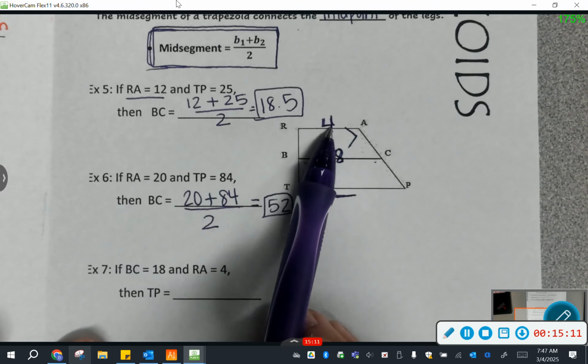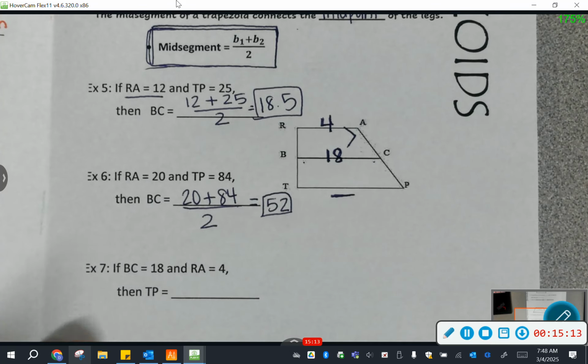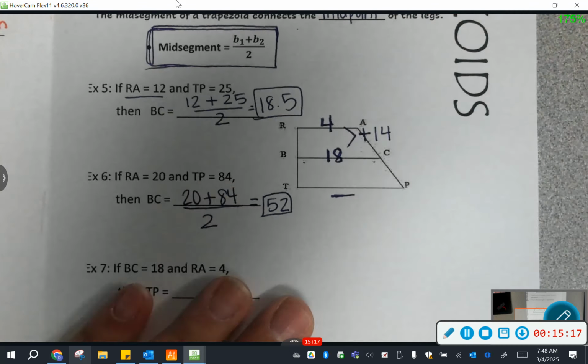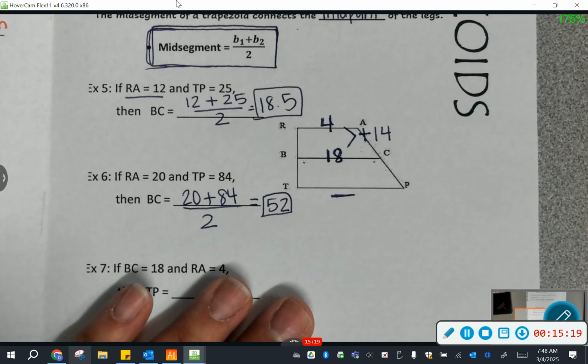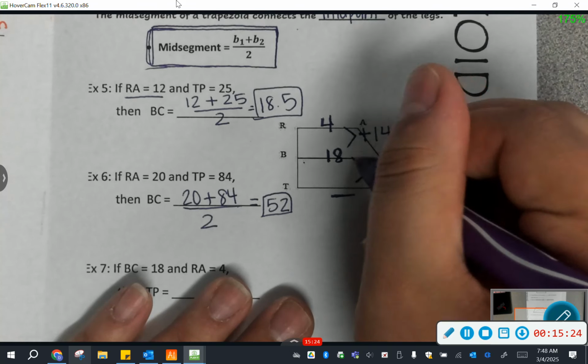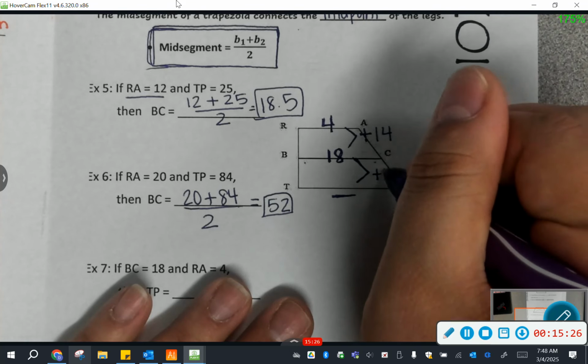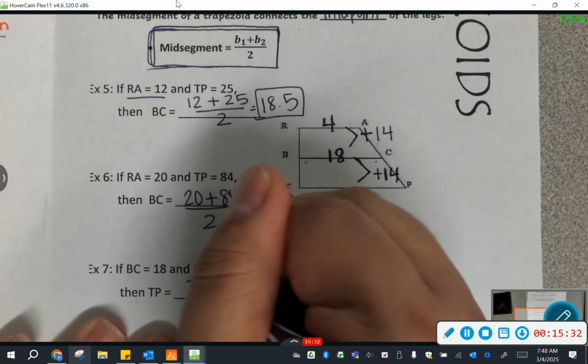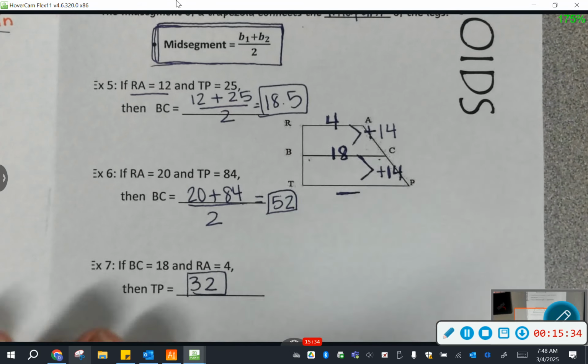How do you go from 4 to 18? How much? Do you agree I add 14? So what am I going to do to get to the bottom? You will add 14 again. What is 18 plus 14? And that is the answer.